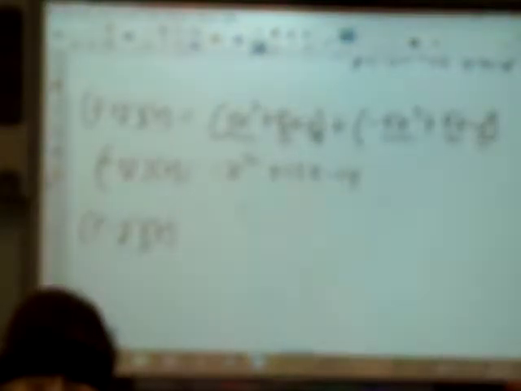Alright, now we're going to do the same thing, but this problem is subtraction. Put them in the order it tells you, because subtraction order does matter. So we're going to take 3x squared plus 8x minus 6 minus negative 4x squared plus 4x minus 8. Just like yesterday, you're subtracting your like terms.